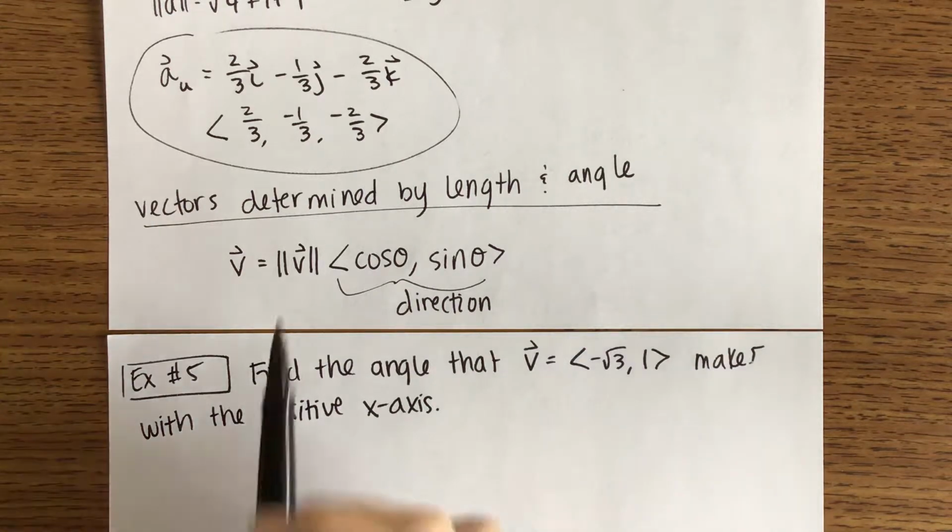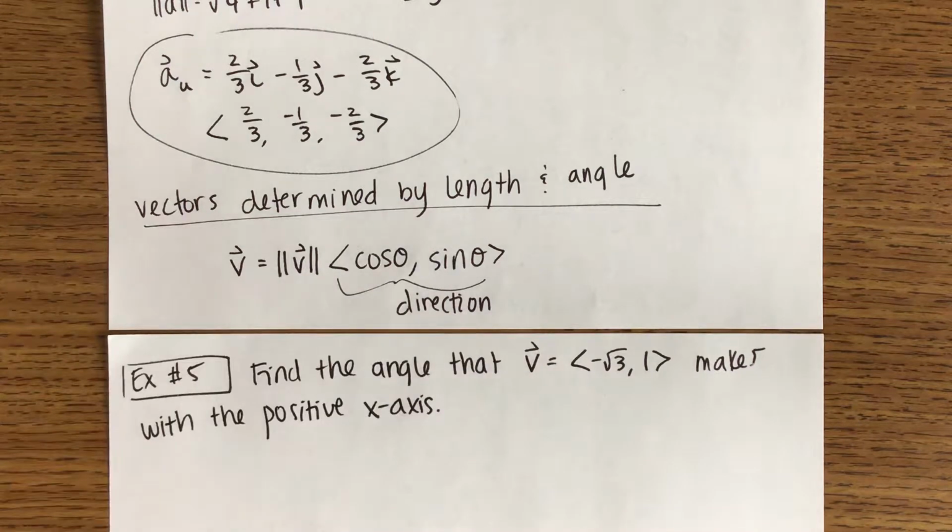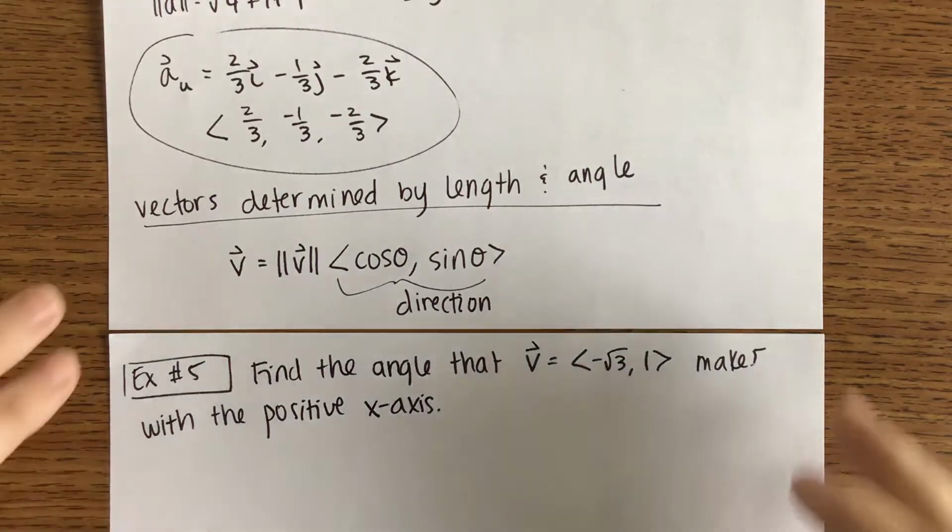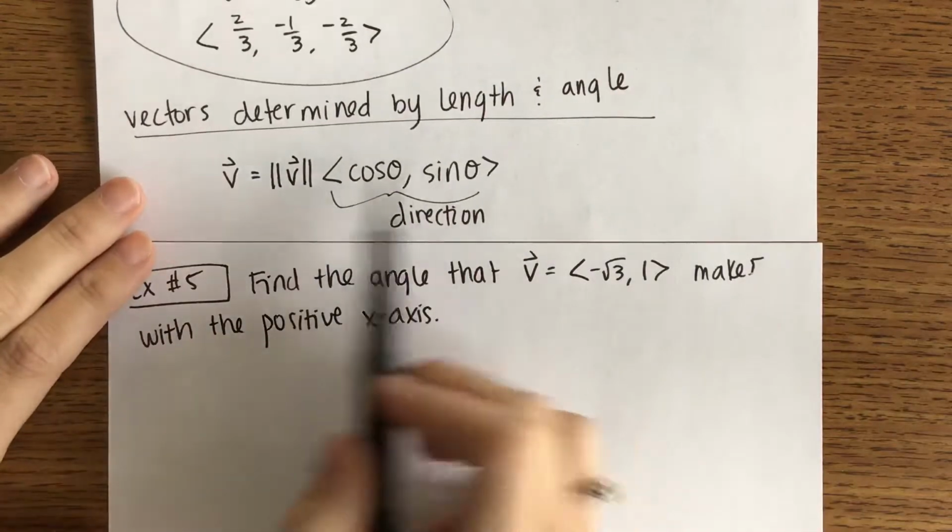Okay, one method that has nothing to do with this formula is to draw a picture. So you can draw a picture, you can draw on the triangle. Does that make sense without me drawing it? Okay, we're going to do this instead though.